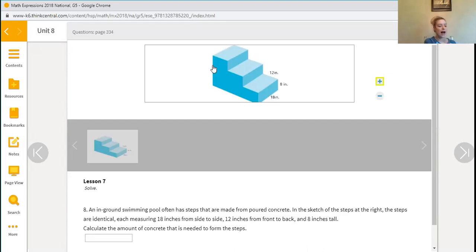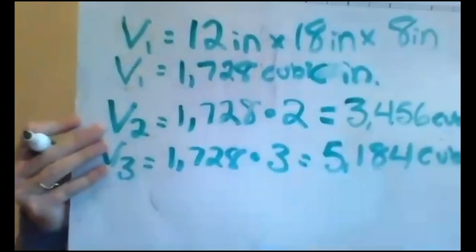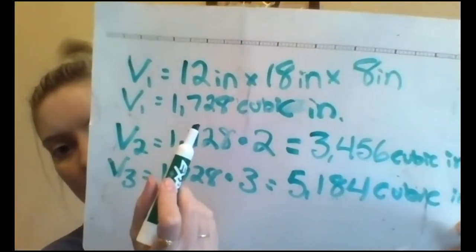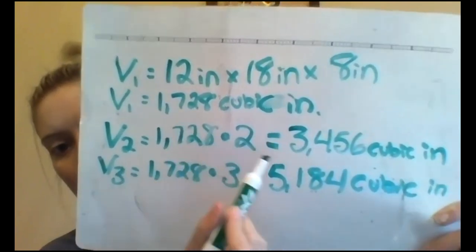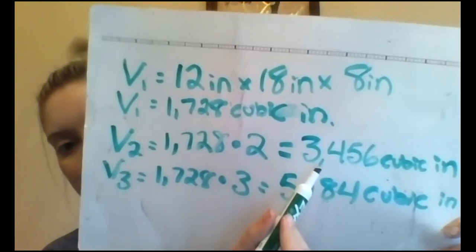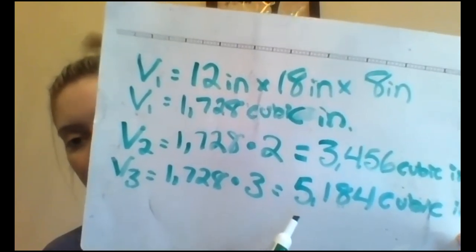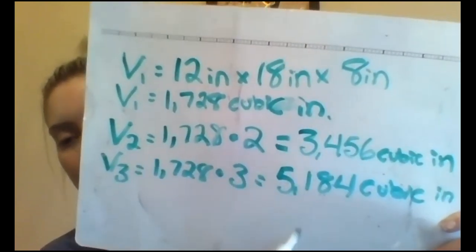Okay, so now I know my 3 values. Let me go back to the other screen. Okay, I have V1 as 1,728 cubic inches. I have V2 as 3,456 cubic inches, and I have V3 as 5,184 cubic inches.